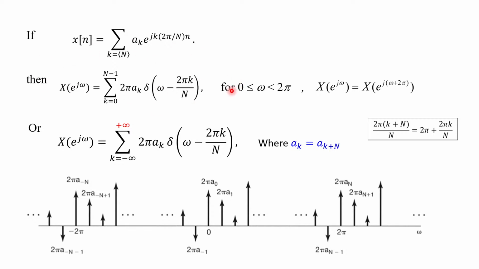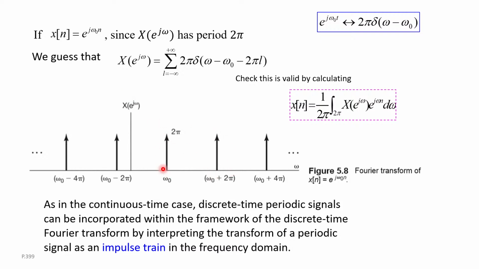And we can check a little more that those two are the same thing. We should check the point where you go from k to k plus N, right? So some a_1 to some a_1 plus big N. Those two points will have the same a_k, so it's two spikes with the same height, and they should correspond to this spike and this spike here. So they should come from the same impulse train, and we know the distance is 2 pi.